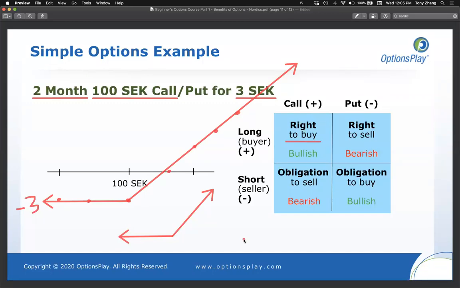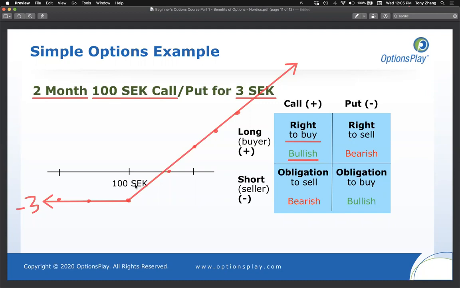And this is how we get this payoff graph that we refer to with options as asymmetrical risk, because if you're right on where you think the stock is going to go, you can make more and more money. If you're wrong, you're only risking 3 crowns. If the stock even goes to 0, the most you risk is those 3 crowns. However, we said in the beginning that buying a call option is bullish, right?